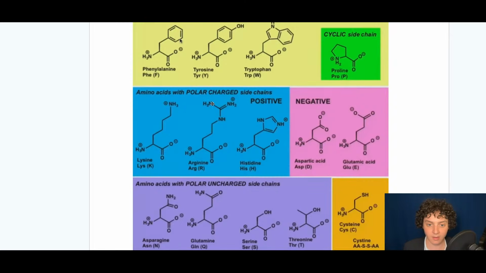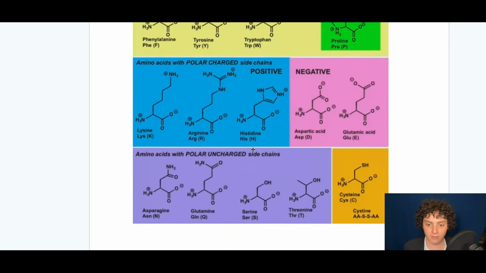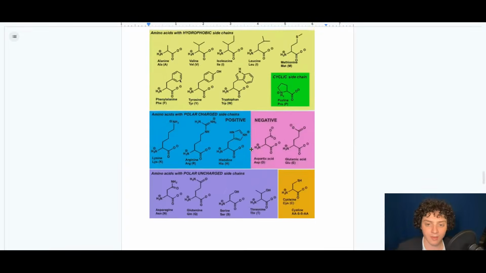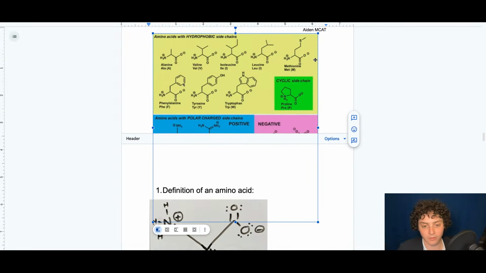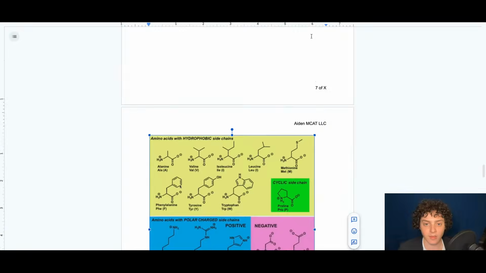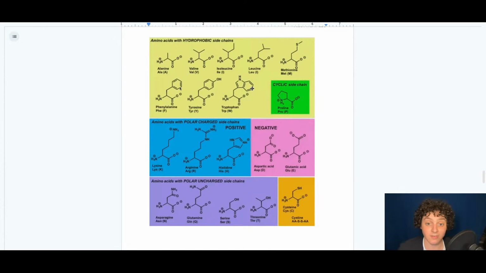And then an NH2 group at the end. So these R groups have different properties, as we've seen just by looking at a couple of examples already. And there's many ways to divvy them up based on their properties. And we're going to do that now.